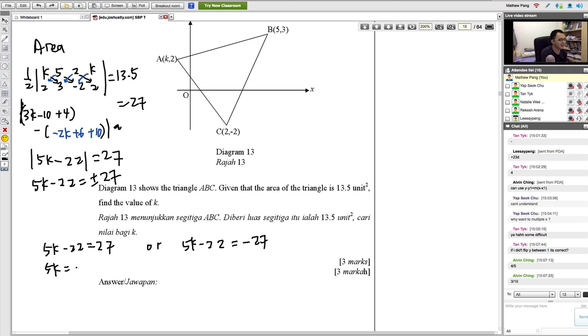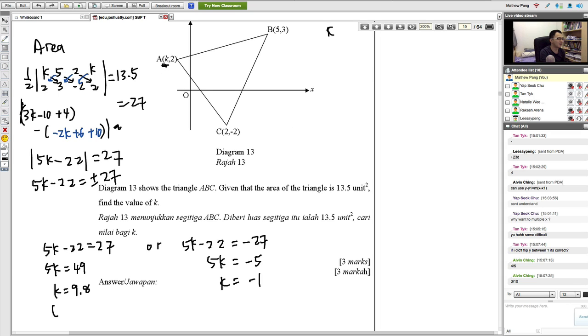So 5K equals 49, K basically is 9.8. For this one, 5K will equal -5, K equals -1. Then you have to think which one is correct. Based on the position, K should be a negative value, correct or not? K is impossible to be 9.8, as 9.8 is somewhere here.